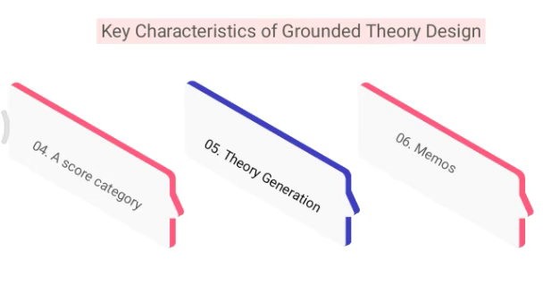A core category is a category that can become the theme that describes or becomes the main theme of the process. While theory generation is an abstract explanation or understanding of a process about a substantive topic grounded in the data. And the last, memos: notes the researcher writes throughout the research process to elaborate on ideas about the data and the coded categories.